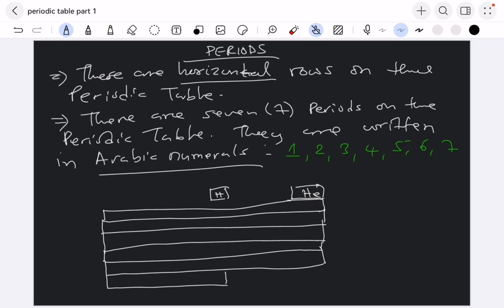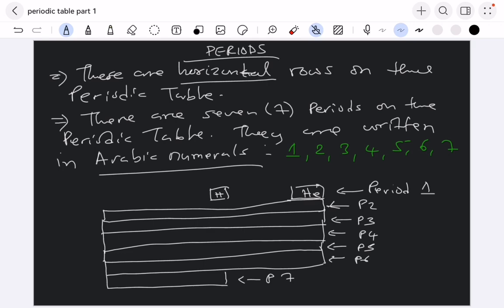So the indicator is, this is where we find period 1. Then obviously we go to period 2, period 3, period 4, period 5, period 6, then period 7.